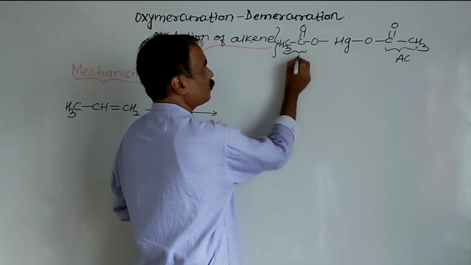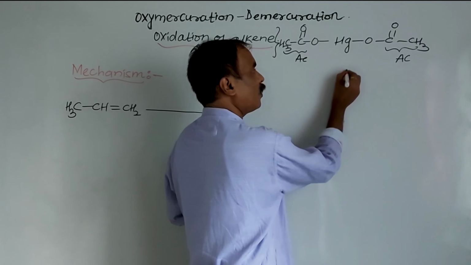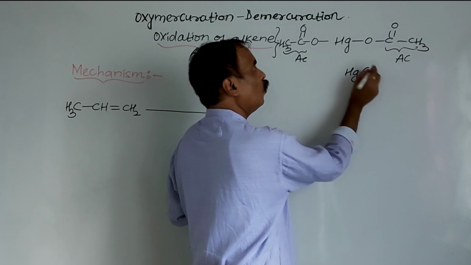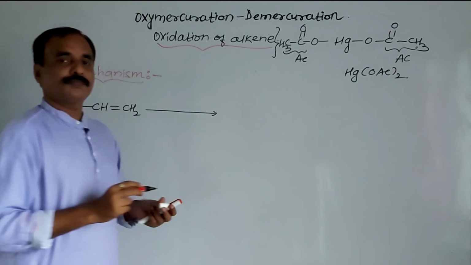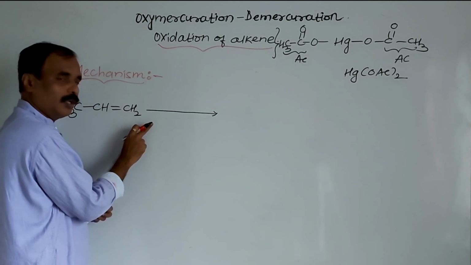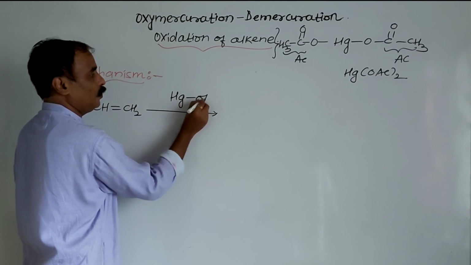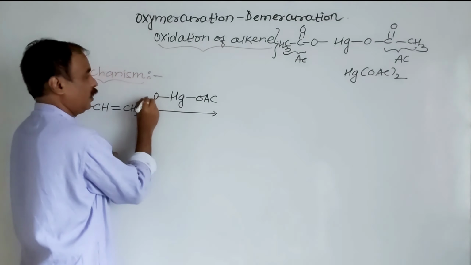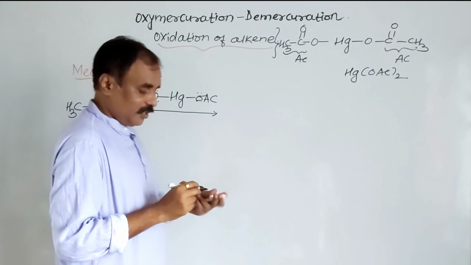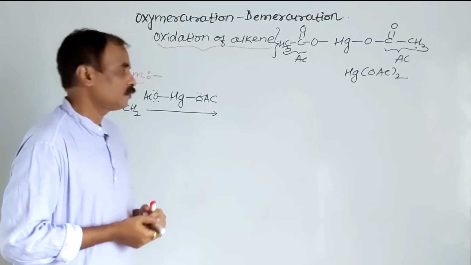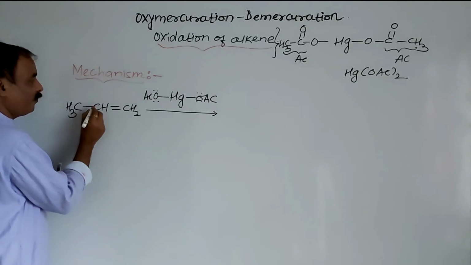So here also Ac. That is why for the same compound we can write Hg(OAc), twice. So the reaction of this with mercuric acetate, Hg(OAc), here is another OAc. Oxygen, whenever oxygen is there, there is a lone pair of electrons. Now, here these two are olefinic carbon atoms.